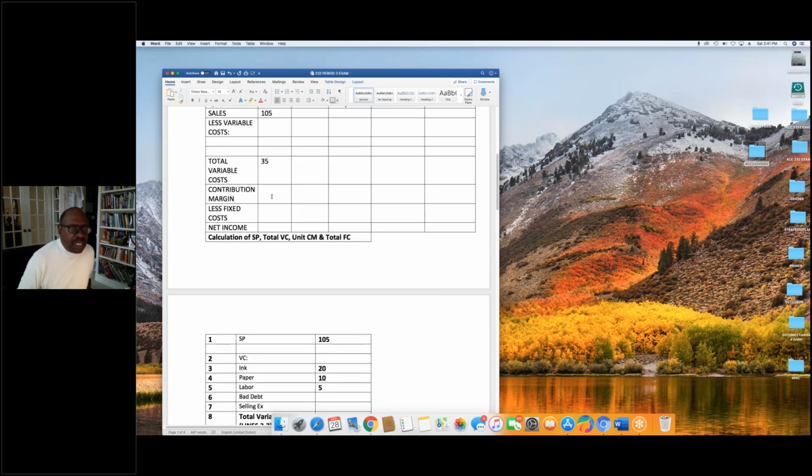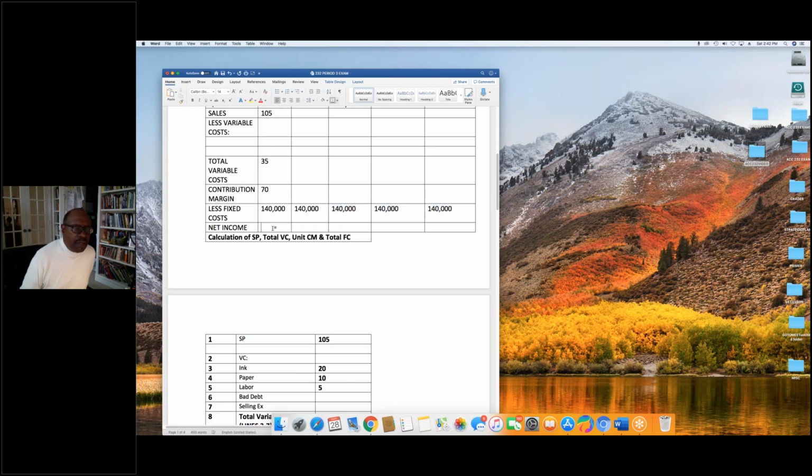So our unit contribution margin, the profit from selling 1 item, is 70. Our fixed cost is 140,000, and that fixed cost is going to stay the same all the way across. So we can copy it, paste it in, and we have the 140,000 in there for the fixed cost.